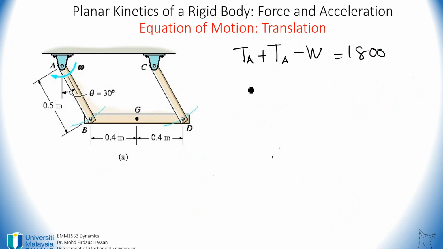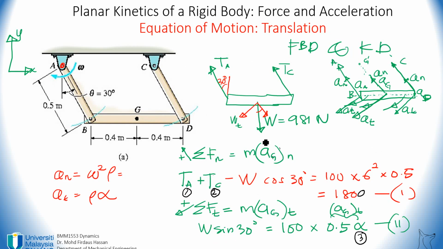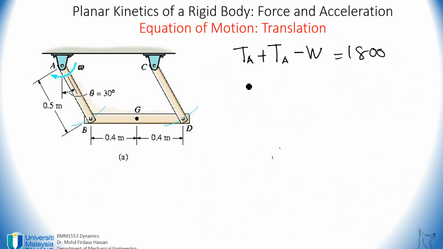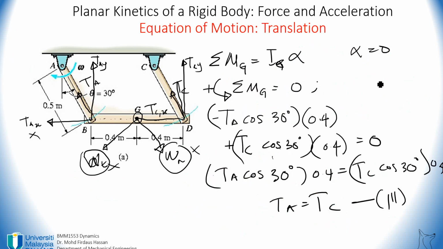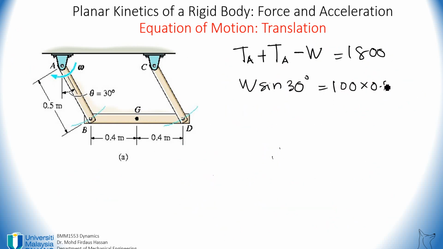Okay, the second equation, W sine 30 is equal to 100 times 0.5 times alpha. Right? So how many unknowns do you have? You have only two, correct? So you can simplify this one.